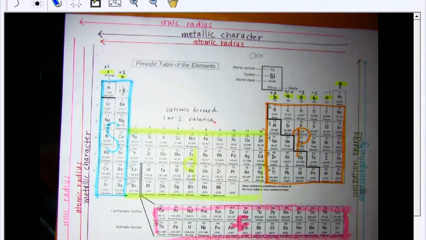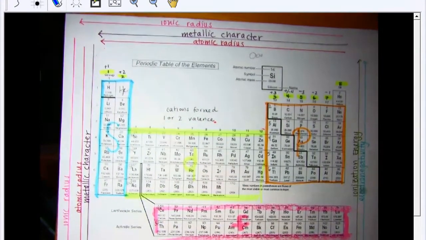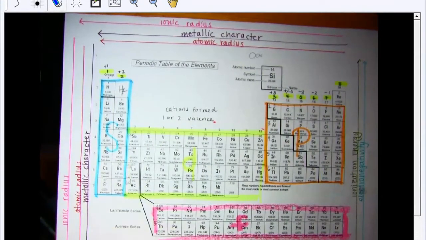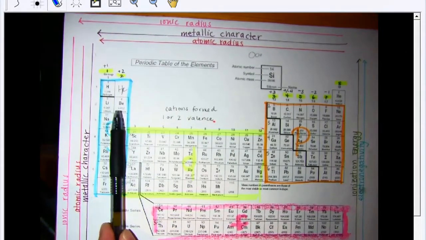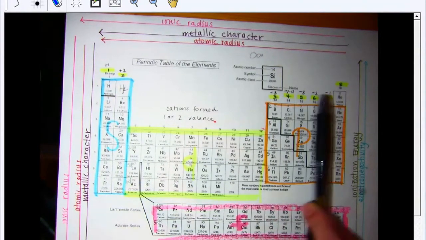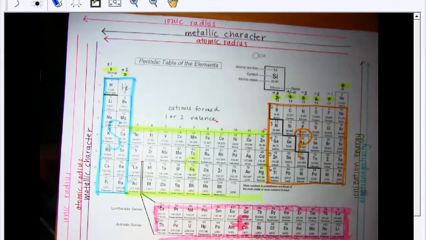Okay, you remember from the previous lessons that we talked about valence electrons. We said that everything in this very first column has one valence electron. We said that everything in this column has 2 valence electrons. 3, 4, 5, 6, 7, 8. Remember, the goal is 8 electrons.